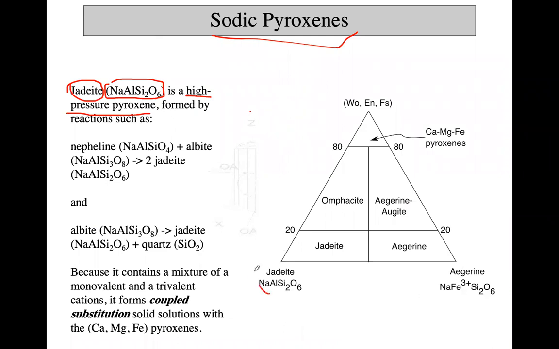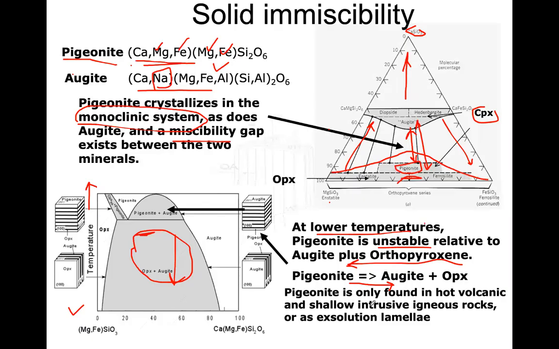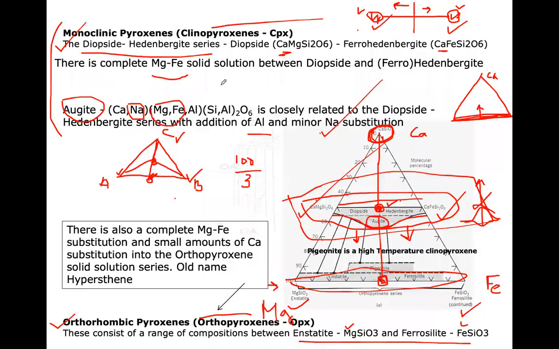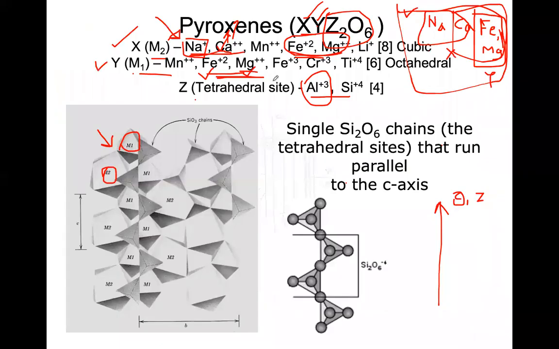So you have one end member as jadeite and the other end member as a mineral called aegirine. Now you have sodium and ferric, not ferrous, right? In previous cases we had ferrous, Fe2 plus.